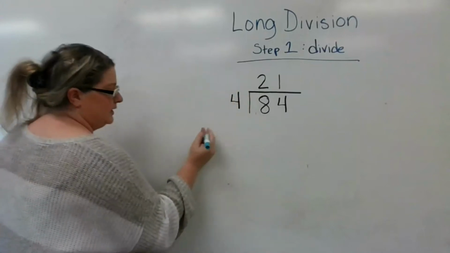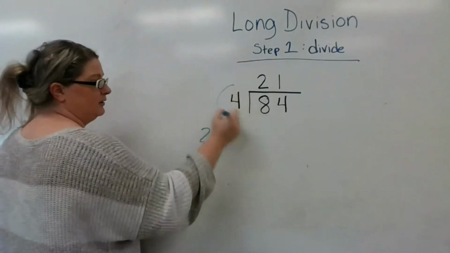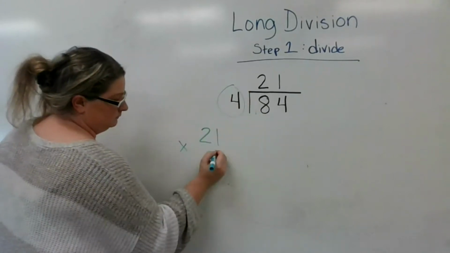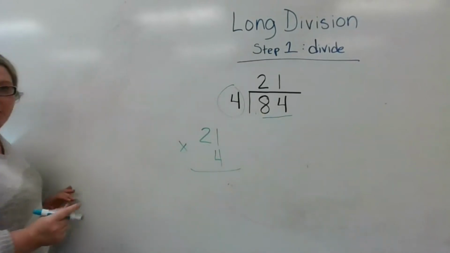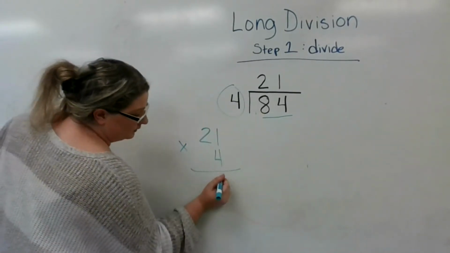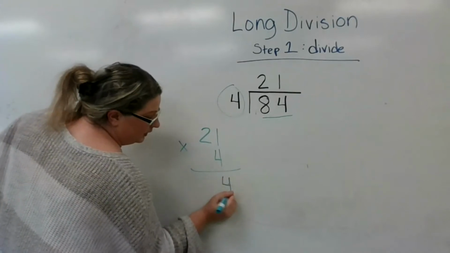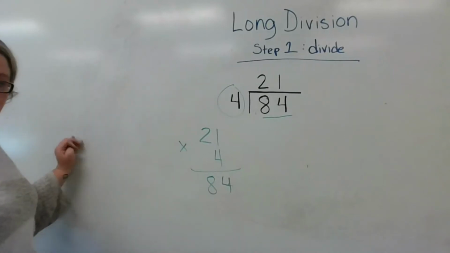So we're going to start with the answer, which is 21, and we're going to multiply it by the little number. And if your problem is right, your answer should be 84. So 4 times 1 is 4, and 4 times 2 is 8. We did it correctly.